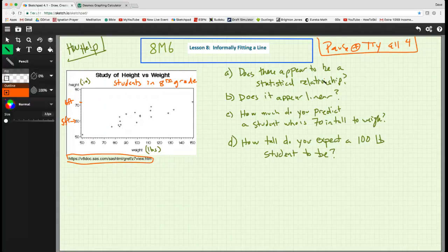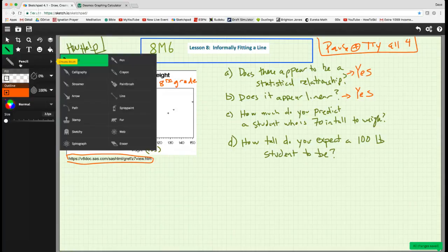And you should be able to do that given everything we've learned so far. Okay. So does there appear to be a statistical relationship? And the answer is yes. Does it appear linear? And I think the answer is, again, yes.